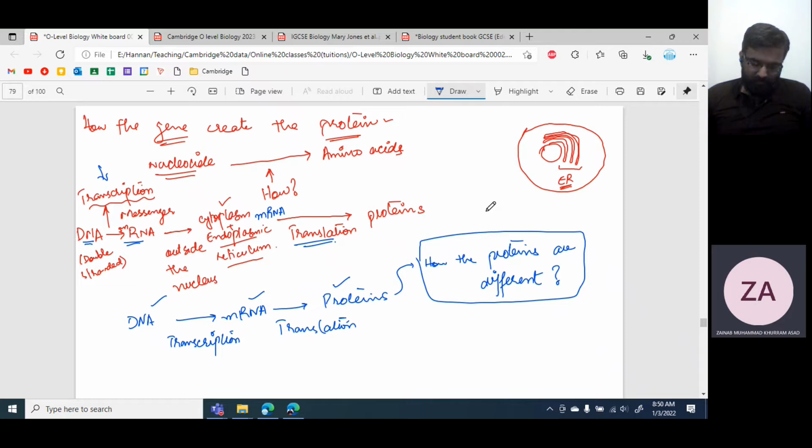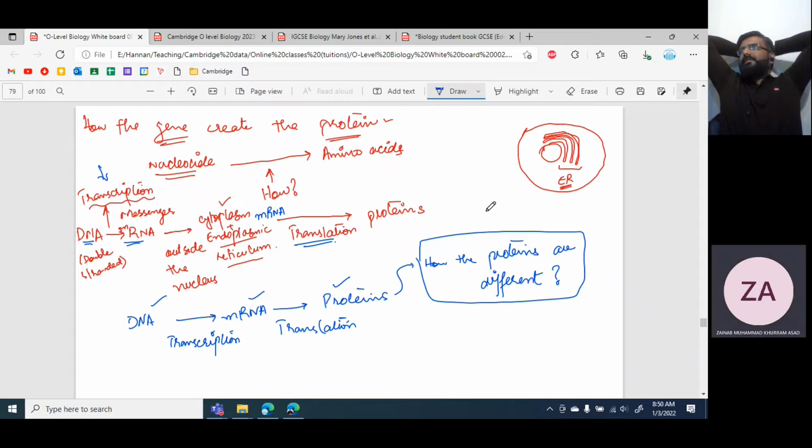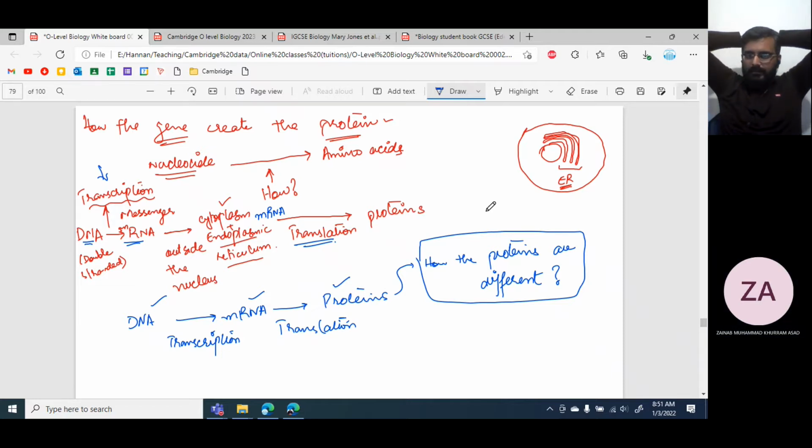Maybe different proteins have different sorts of amino acids in different amounts. Okay, if different proteins have different amino acids, then who is responsible for the sequence of amino acids in the proteins? Isn't it the DNA? Yes, because the DNA is making the protein.